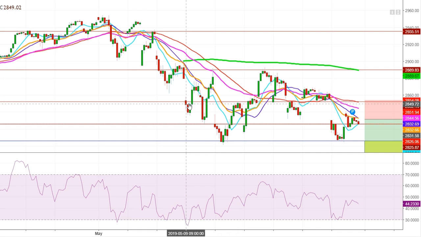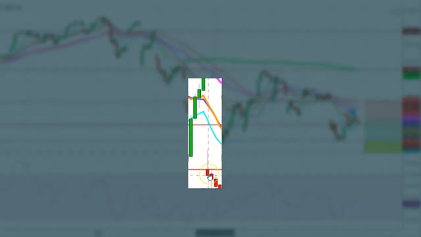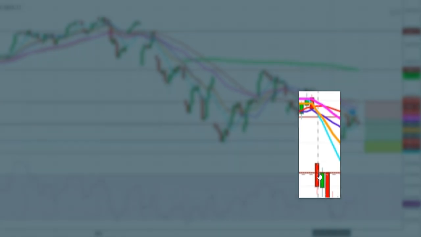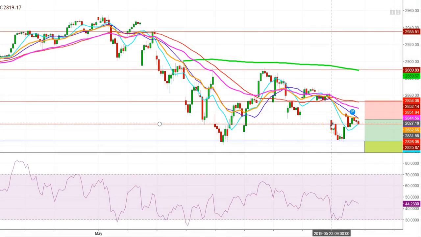Once again, another gap down was there on May 9, 2019, and once again another gap down was there on May 13, 2019. Once again, this gap down on May 23rd, 2019 confirms the continuity of these gap downs in S&P 500 because till the weekly closing, S&P 500 was not able to move upward.